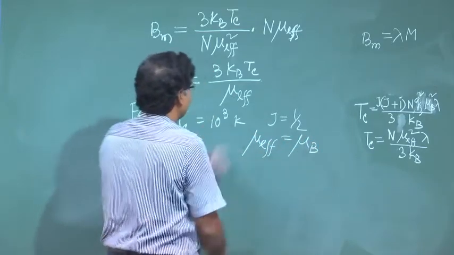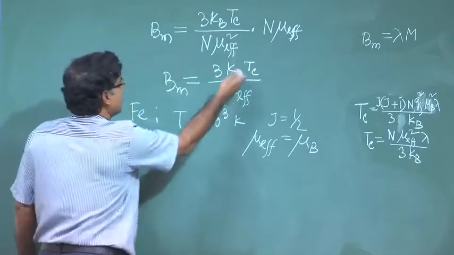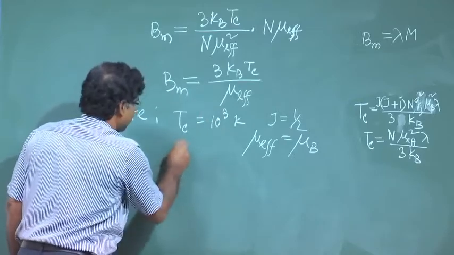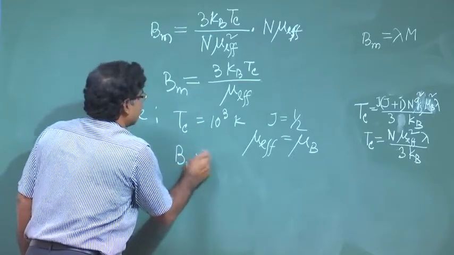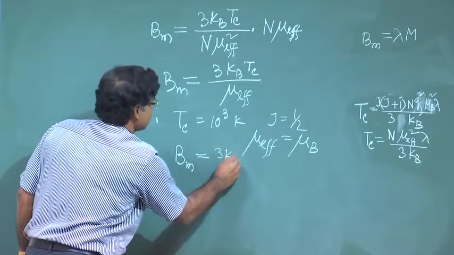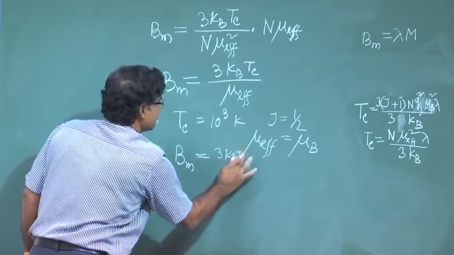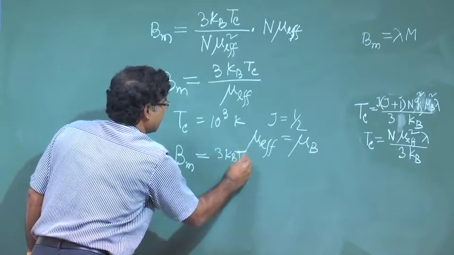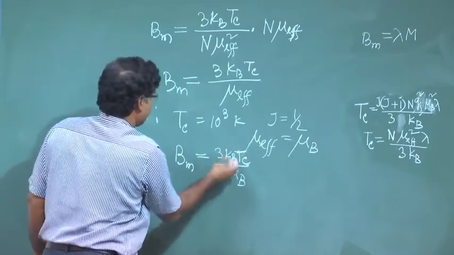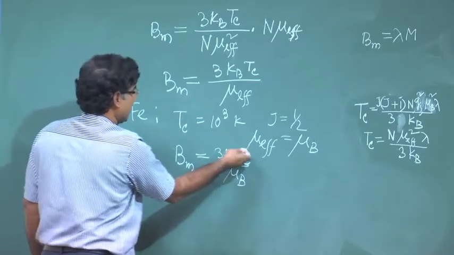So, you know the mu B value, kb value, and Tc, and then Bm equals Tc by mu B.